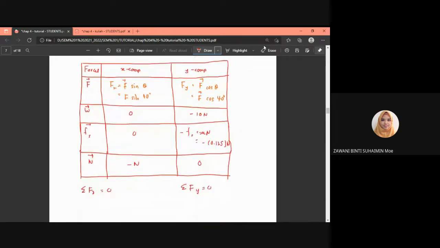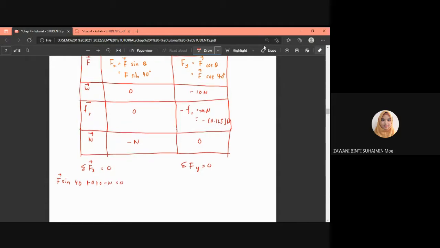So F sin 40, lepas tu kosong tambah kosong minus N is equal to 0. Normal force kita tak tahu, so daripada equation ini kita boleh dapat tahu bahawa normal force is equal to F sin 40 degree.